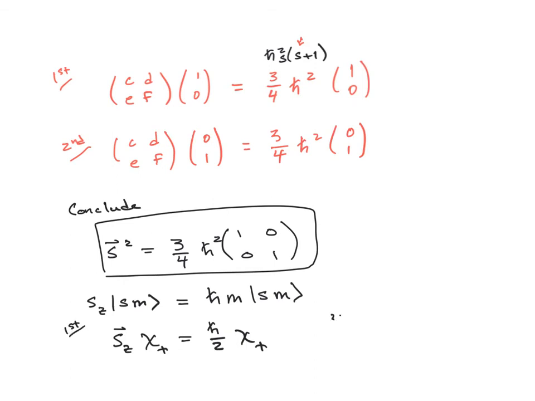Our second equation for our Z component should give us that this Z component acting on our spin down spinor should return a negative H bar over 2 acting on our spin down spinor.